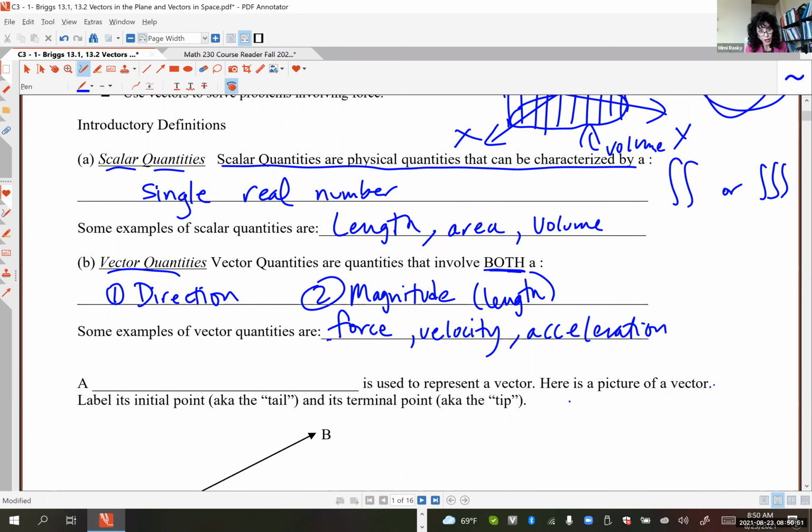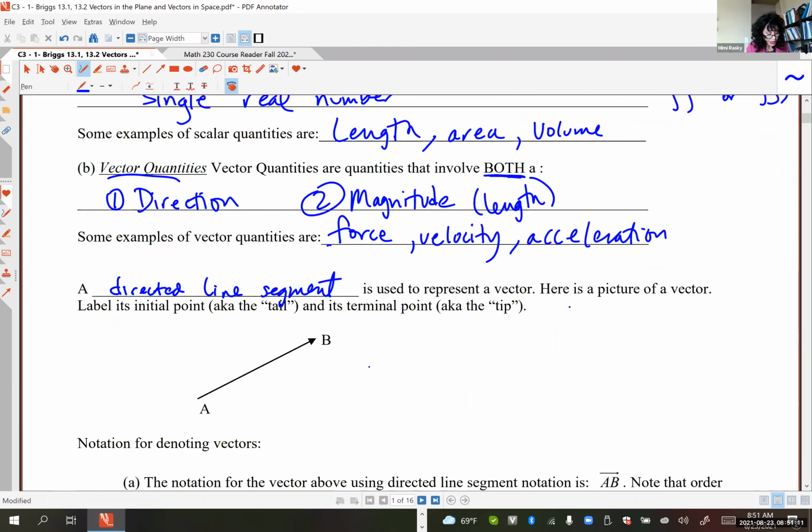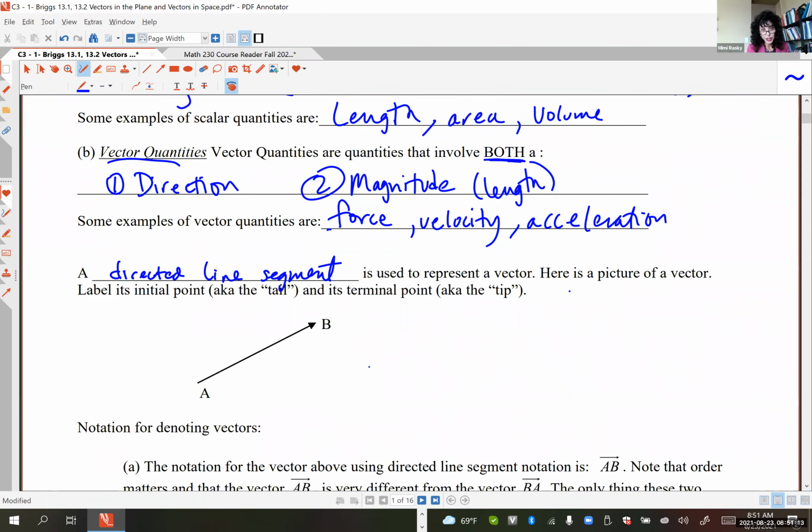So now let's talk about how you represent a vector. We're going to be drawing pictures next. So get ready for some pictures of what a vector looks like. A directed line segment is used to represent a vector. Really? What do you mean? Well, here's a picture of a vector right here on your course reader and lecture notes.